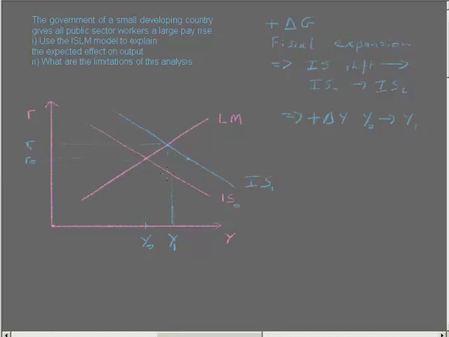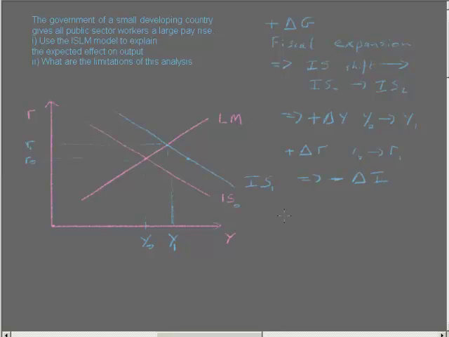So we get a slightly lower increase in output. That's because even though G is rising, I would be dampened by the increase in interest rates. So we have an increase in interest rates from R0 to R1, which means that there'll be a fall in investment.